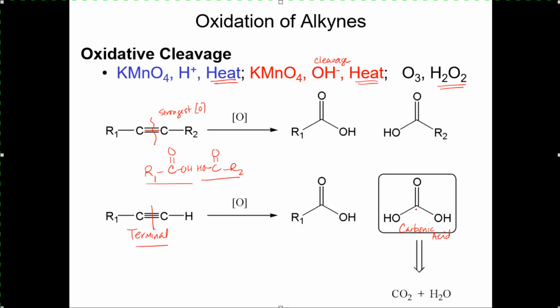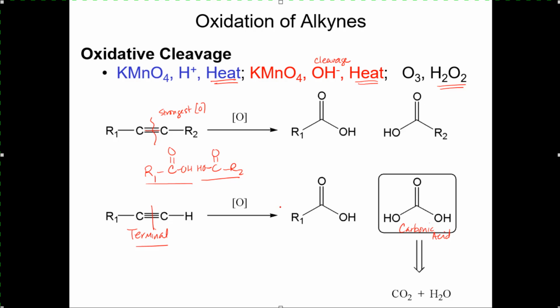So one of the tests, if you have a triple bond and you wanted to know whether it was internal or terminal, would be to add, for instance, KMnO4 with acid and apply a little bit of heat to it. And if you saw the fizzing of the carbon dioxide from the breakdown of the carbonic acid, then you would know you had a terminal alkyne versus an internal alkyne.